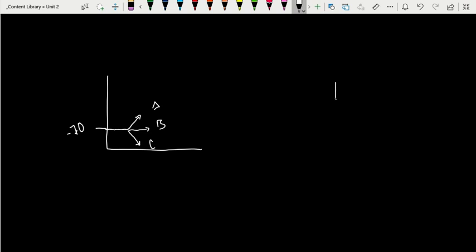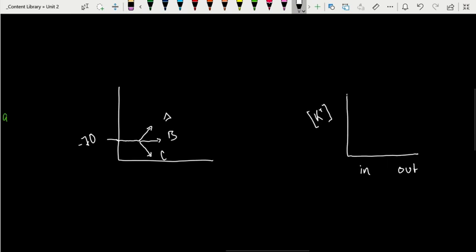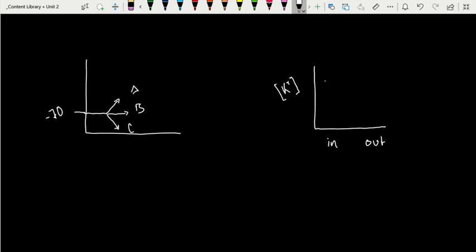So let's consider a simple bar graph where this represents the inside, this represents the outside, and this represents my concentration of potassium. And what do we have on the inside? We know we're high. And on the outside, we know we're low.